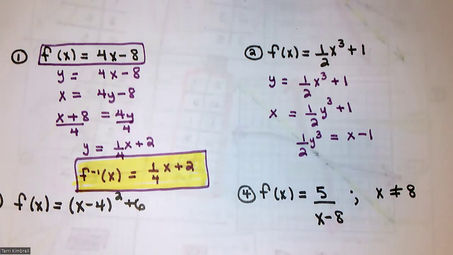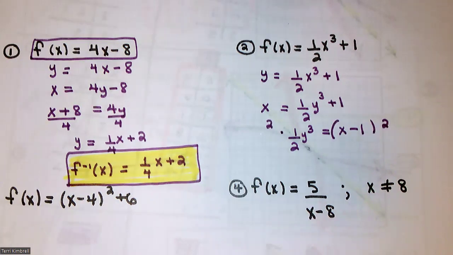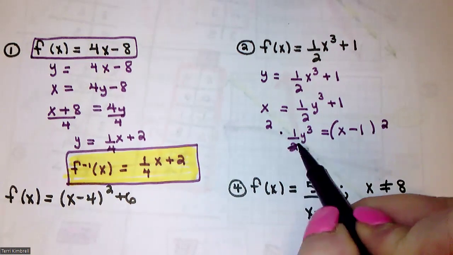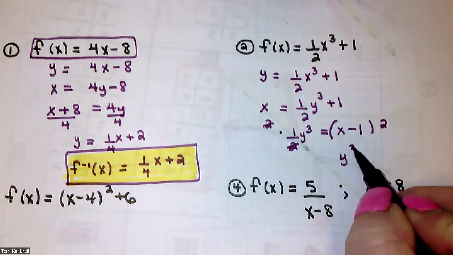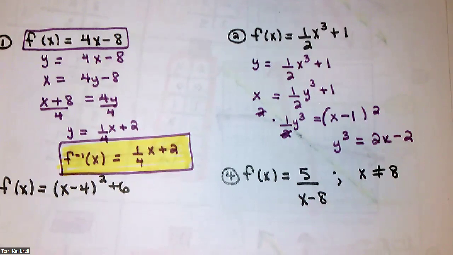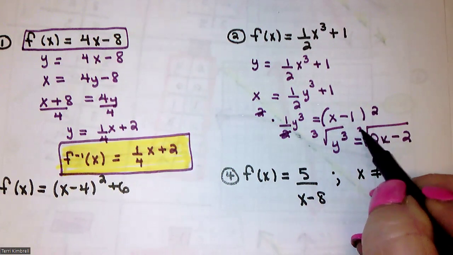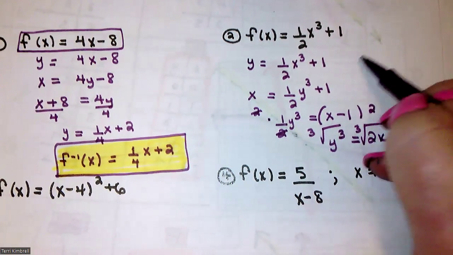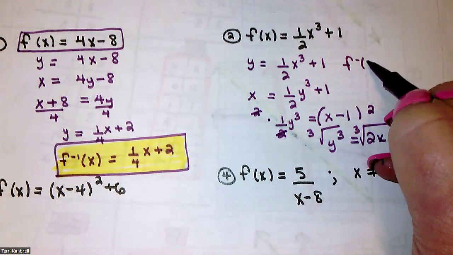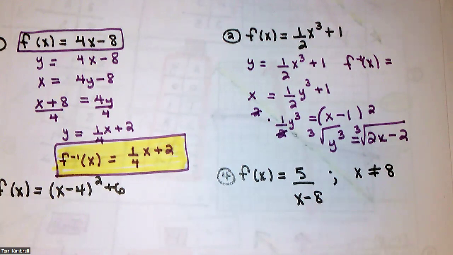I'm going to times by 2, so the 2's will cancel, and I'll have 2x minus 2. To get rid of a cube, I'm going to take the cube root. So the inverse of the function would be the cube root of 2x minus 2.